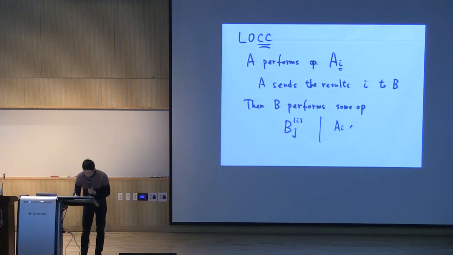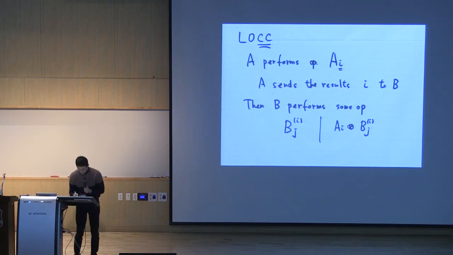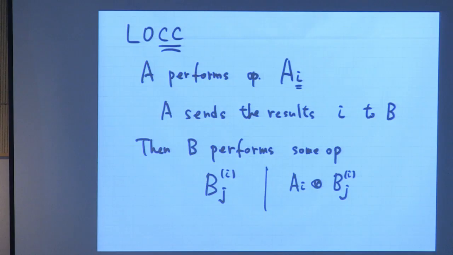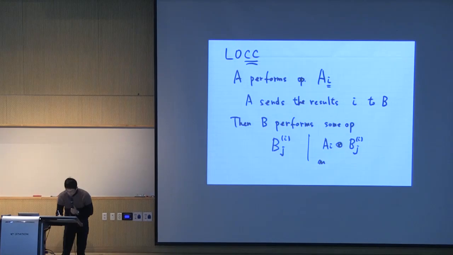A_i times B_j^(i). So you can relabel i and j into one index. For example, m can be some vector or matrix combining the i and j indices.